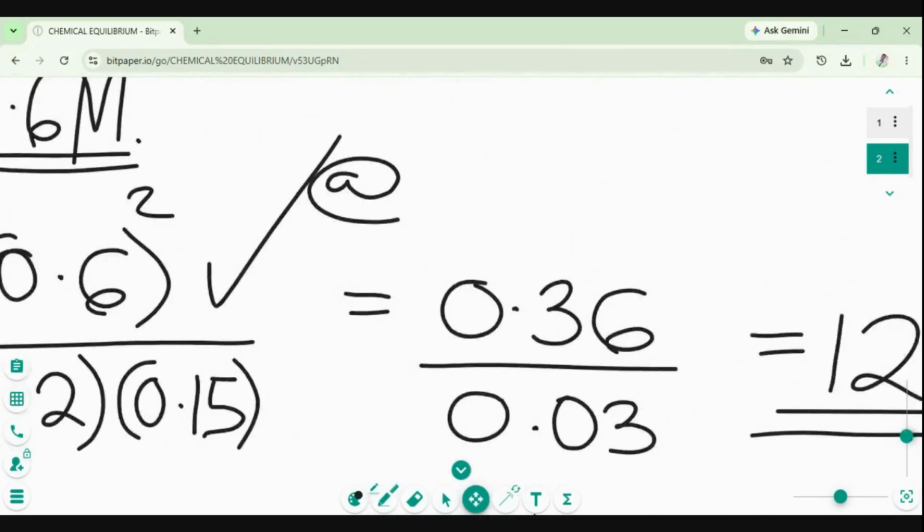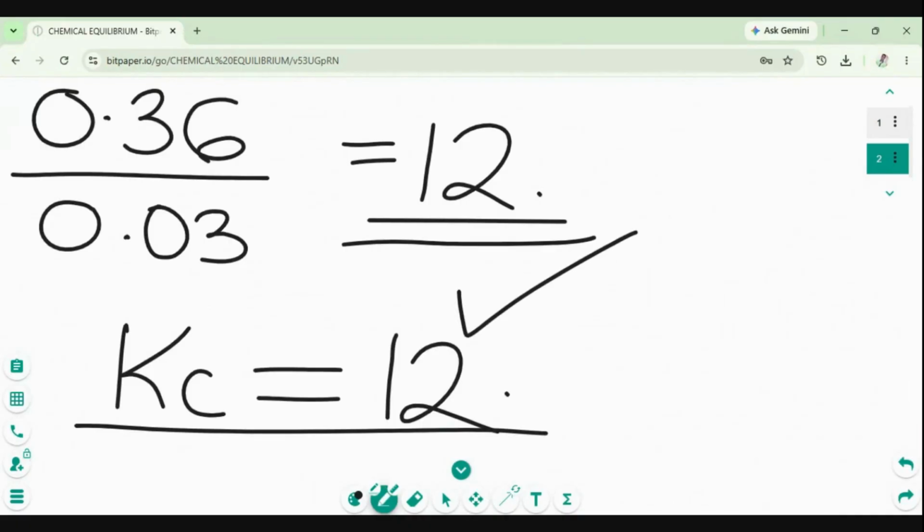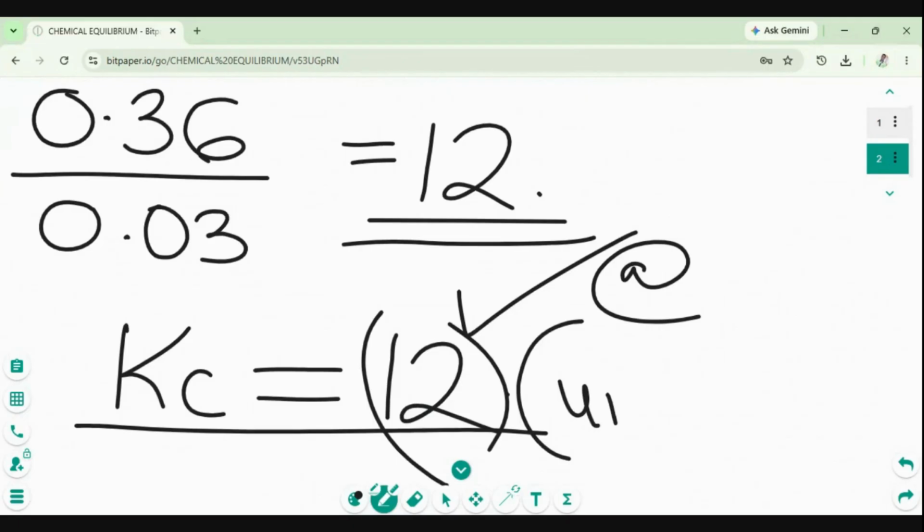The rest of this is mathematics. And then we want to see the final answer. Those are the 3 parts: the formula, correct substitution into the formula, and then the final answer. And our final answer, we said, has 2 parts. It has a value. It also has its units.